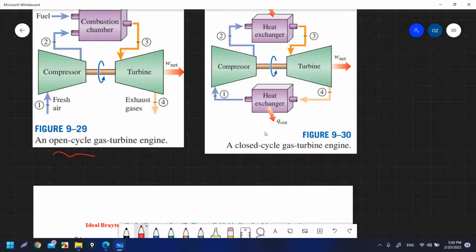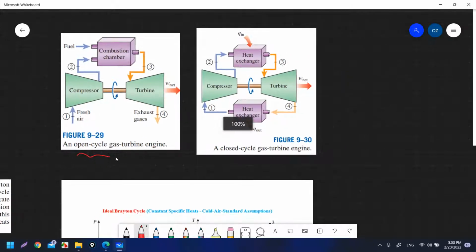By taking out heat, the temperature decreases from 4 to 1. That is a closed cycle, because the mass flow rate, or the working fluid, completes a complete cycle. It starts from 1 and goes again to 1. That is the difference between an open cycle and a closed cycle.